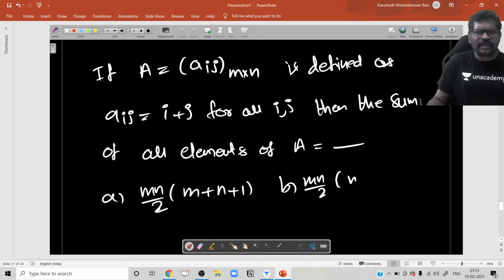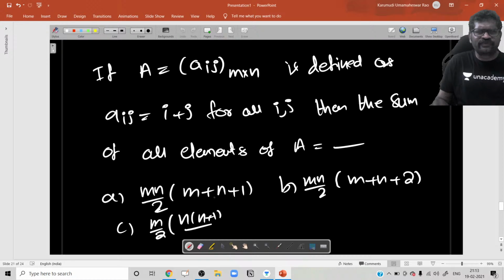Option B, mn by 2 of m plus n plus 2. Option C, m by 2 of n into n plus 1 by 2. Option D, n by 2 of m into m plus 1 by 2.